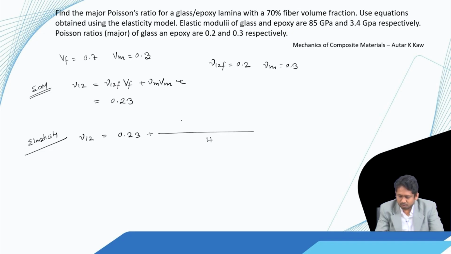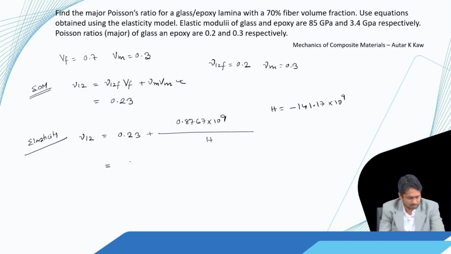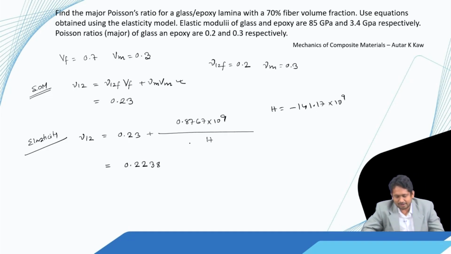For that, the final value of the numerator is 0.8767 into 10 to the power minus 9, and H as we calculated before also is minus 141.17 into 10 to the power 9. So, with that the value comes to be 0.2238. So, here we can see that the denominator is negative, but finally that fraction is added. So, that is why this has a negative effect. That is why the nu12 is going a little down if I find it out using the elasticity based approach as compared to the strength of material based approach.